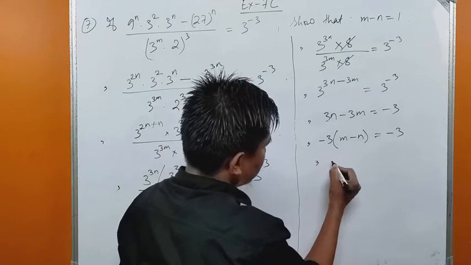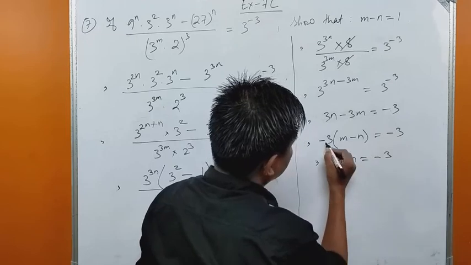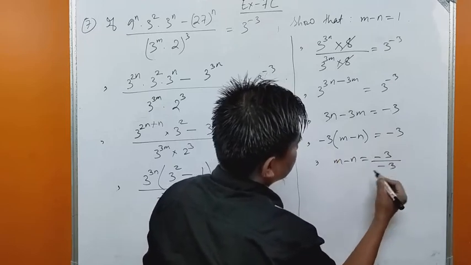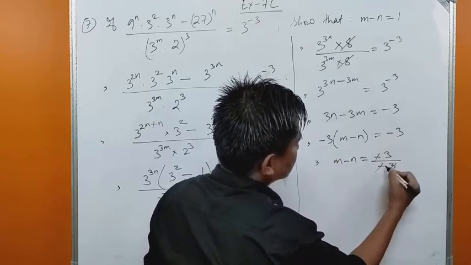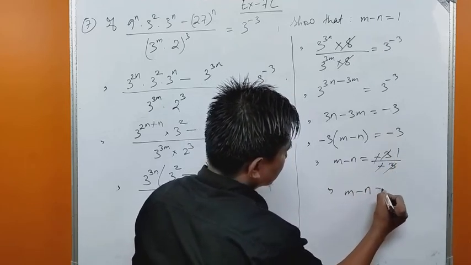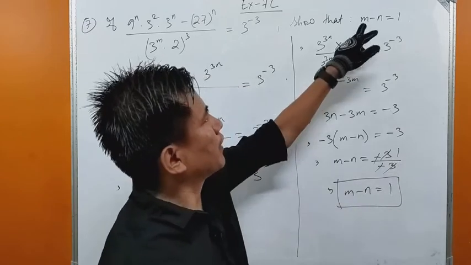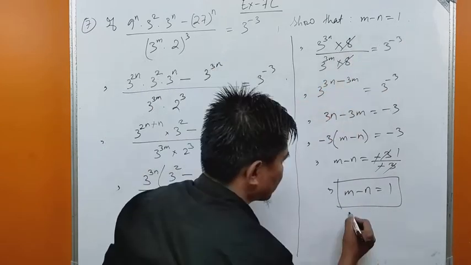So m minus n equals minus 3 upon minus 3. The minus signs cancel, 3 ones are 3, so m minus n equals 1, isn't it? So this is what we were asked to prove, m minus n equals 1, hence proved.